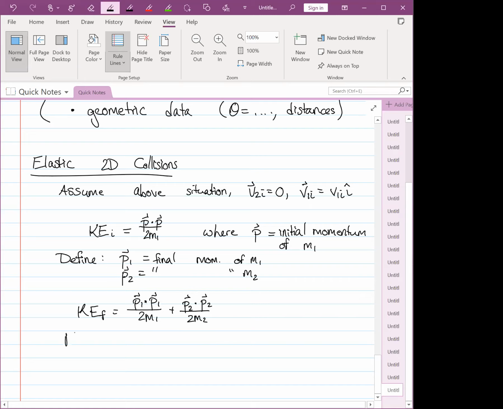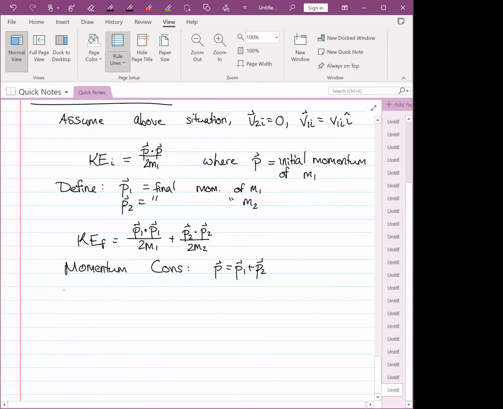Now we can use momentum conservation, so we don't even have to work in components here. We can just write that p is equal to p1 plus p2 as a vector sum. That has to be true. Then we can use this fact to rewrite our initial kinetic energy by substituting in p equals p1 plus p2.